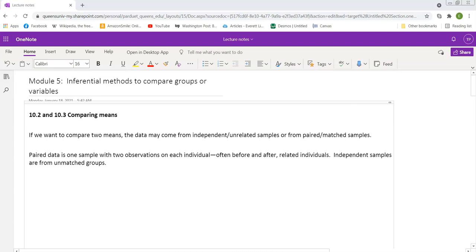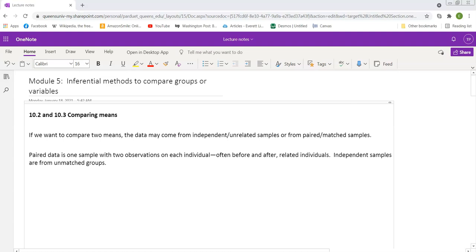Paired or matched samples is when you really have one sample with two observations on each individual. A lot of times that can be before and after, or you can have, like, spouses where you've got one measure for each spouse, or siblings or something along those lines.